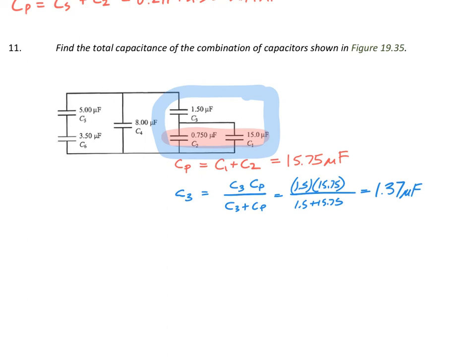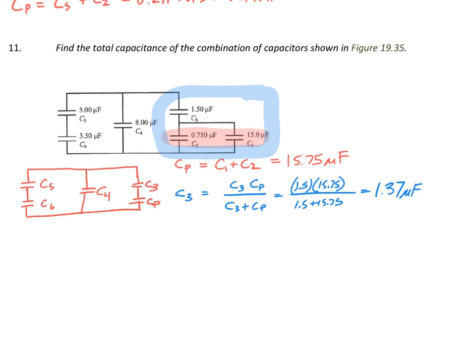Then let me kind of redraw here what we went from. So let's see. I'll draw the first reduction in red. The first reduction would have had us C5, C6, C4, C3, and CP.